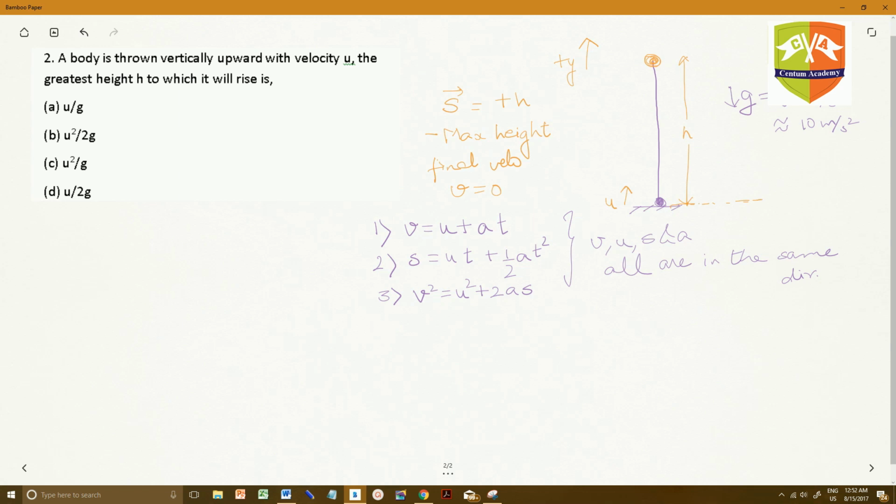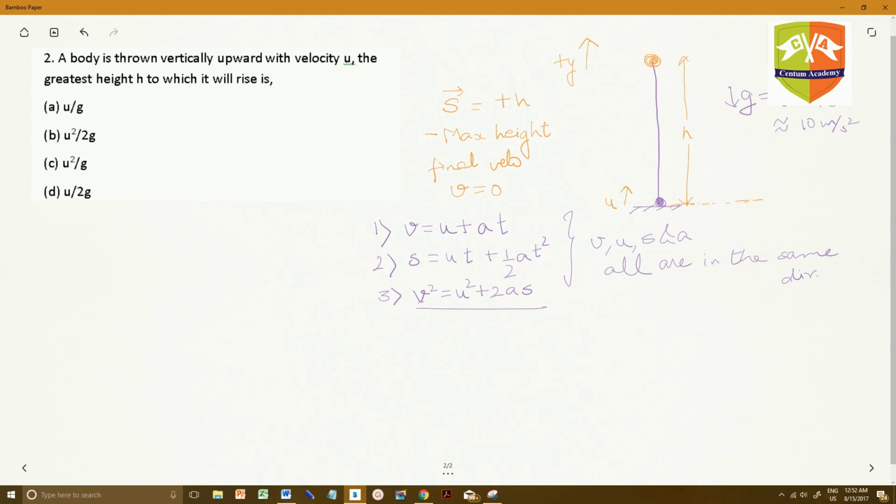Obviously there is no mention of t, so we can very well use the third equation. Why? Because there is a mention of a, we know u, and we know v. So basically we have to find out s.